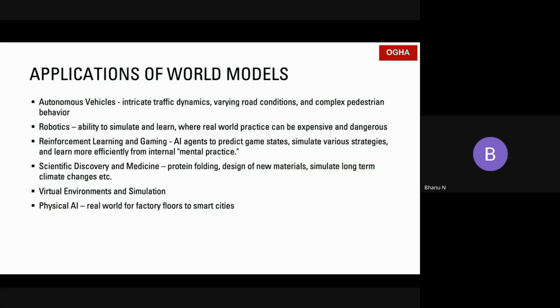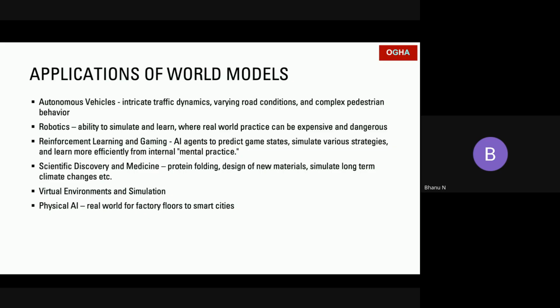So, what are the real-world applications for these world models? Autonomous vehicles, needless to say. They need to learn. Going back 10 years, we have been hearing about autonomous vehicles, and they're getting better. Waymo is releasing it city by city. But do you have a level 5 autonomous vehicle which can drive in any country, in any kind of chaotic traffic?